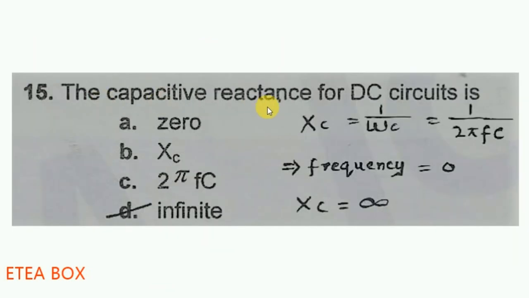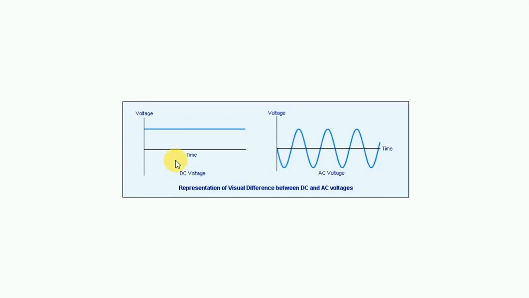The capacitive reactance for a DC circuit is, now look here, the required is the DC circuit. Capacitive reactance is equal to 1 over omega C, which is 1 over 2 pi FC. Here in a DC circuit the frequency is 0, so it means the capacitive reactance will be infinite. Now look here, this one is the DC voltage and this one is the AC voltage.